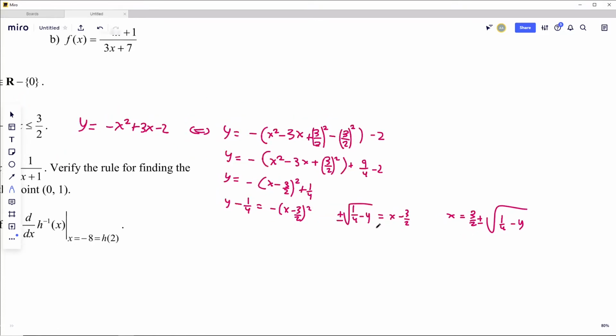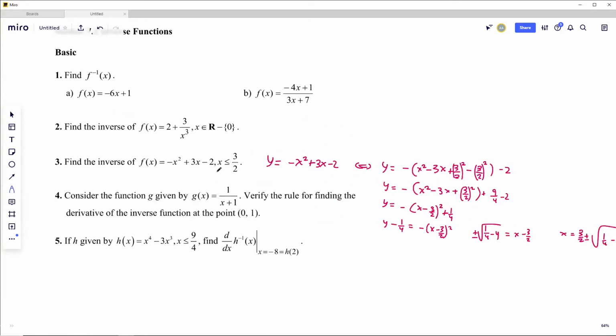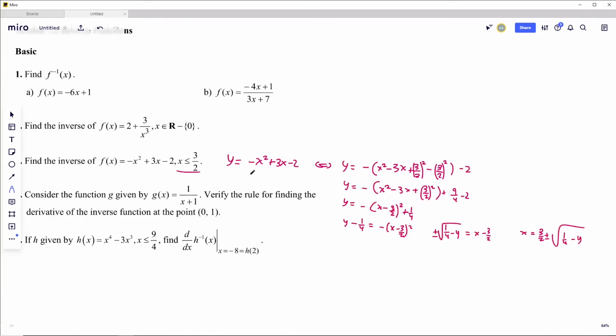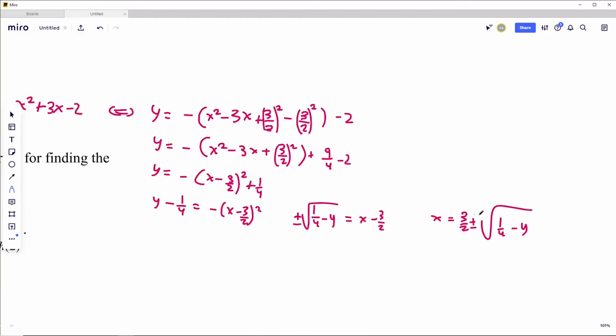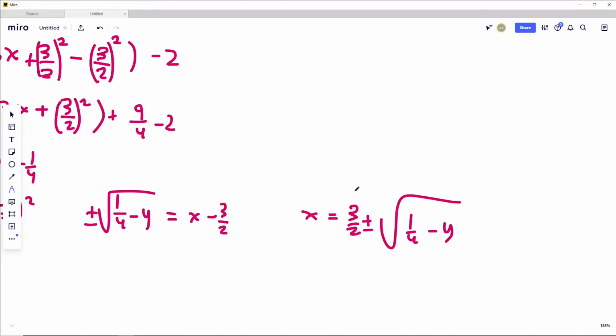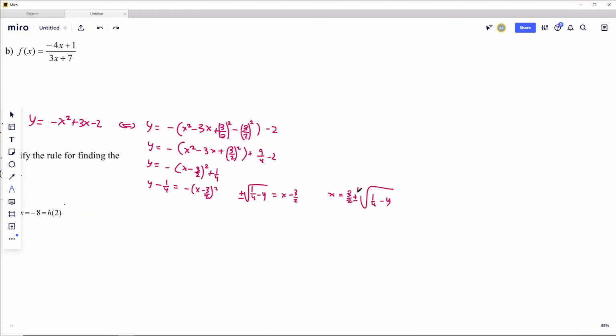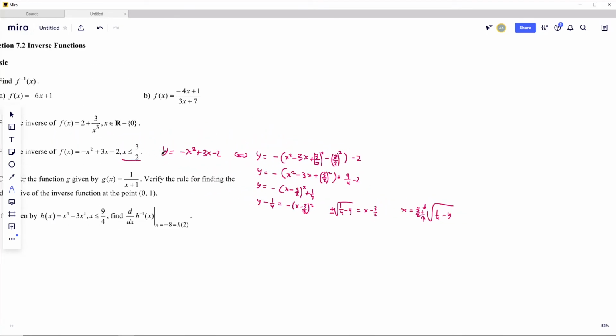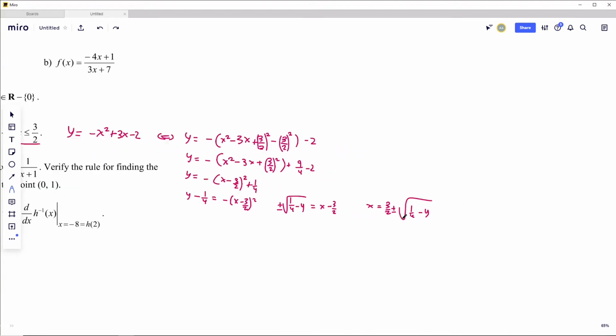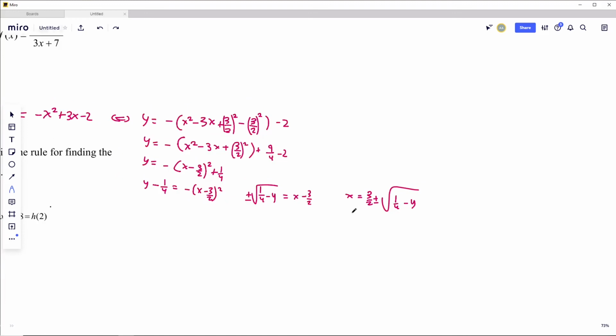Now, time to decide, plus or minus. This is where the condition comes in. x is less than or equal to 3 over 2. The good thing is that we can see clearly that there is a 3 over 2 here. So for it to be less than 3 over 2, do we add a number or subtract the number? For x to be less than 3 over 2, we're going to subtract, right?